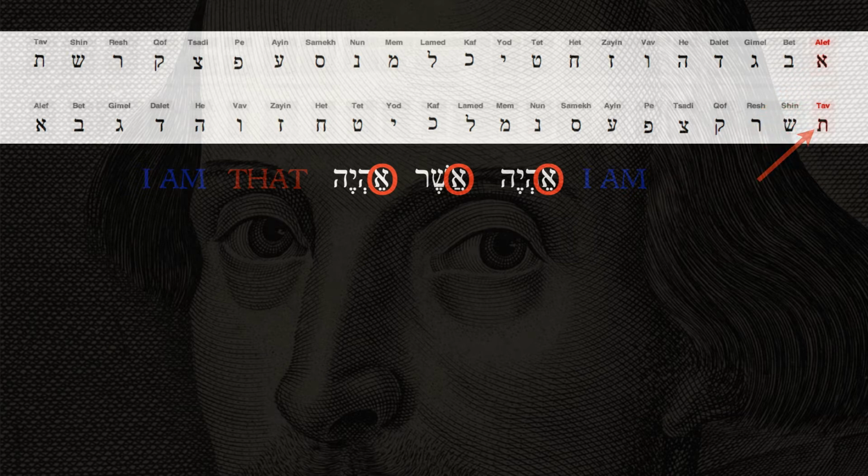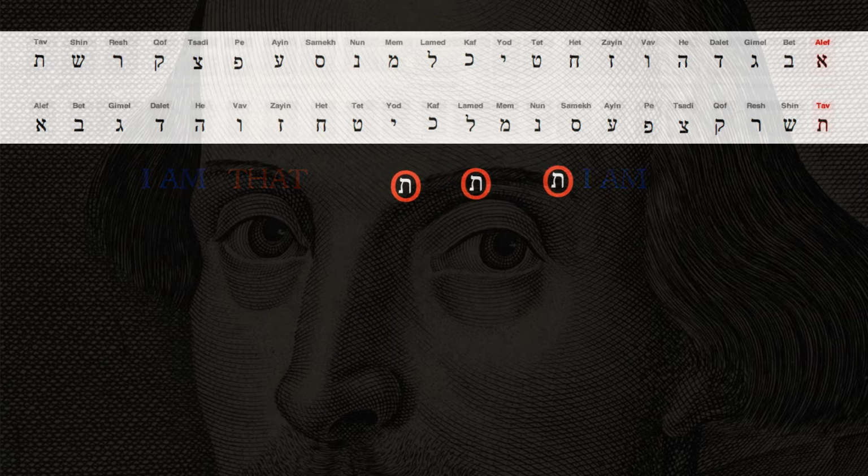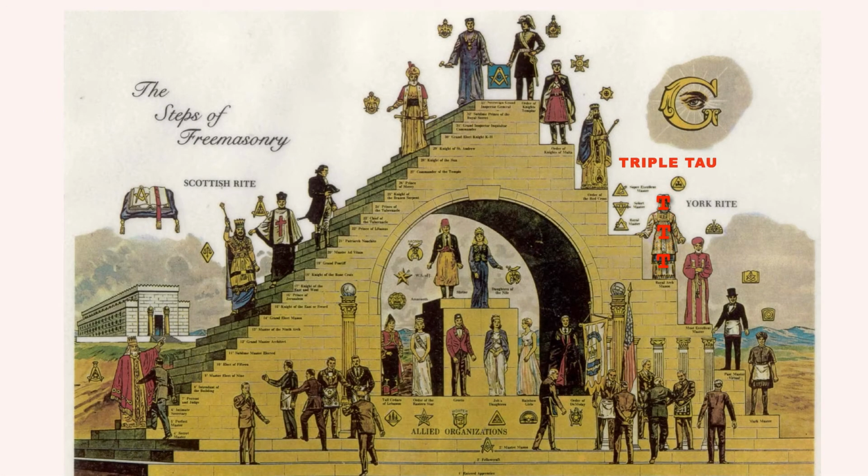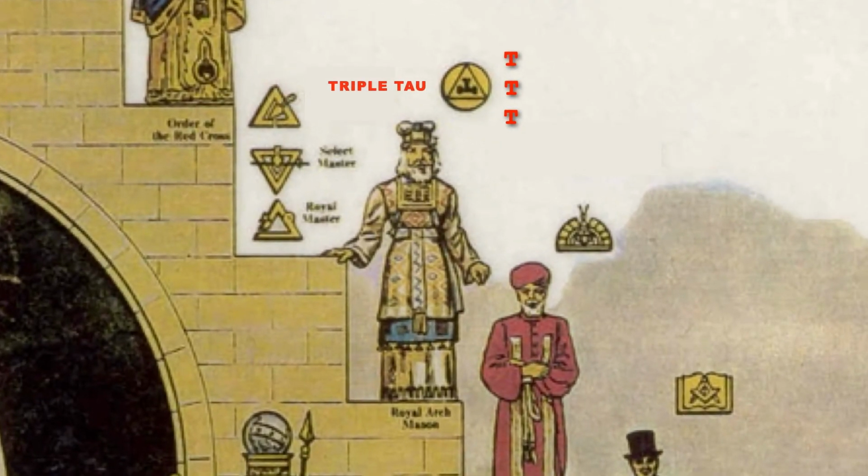The first shall be last, and that means that each Aleph becomes a Tav, and their Greek equivalent is Tau, or the letter T, and this was adopted later by the Freemasons as what's called a triple Tau, to give the secret name of God and use it in special encodings.